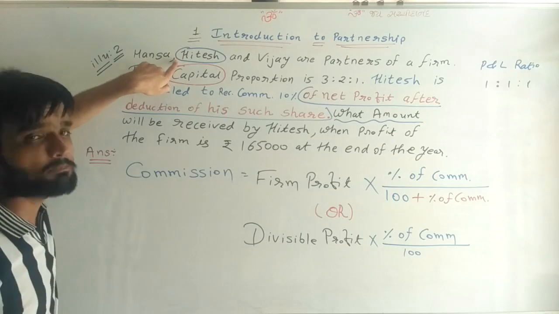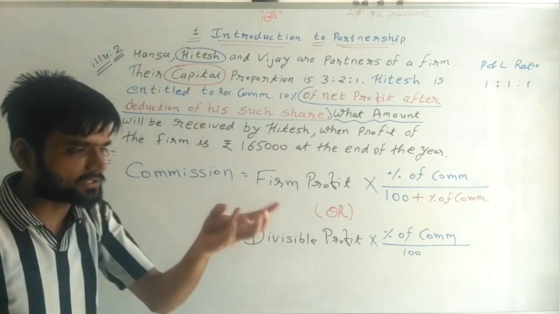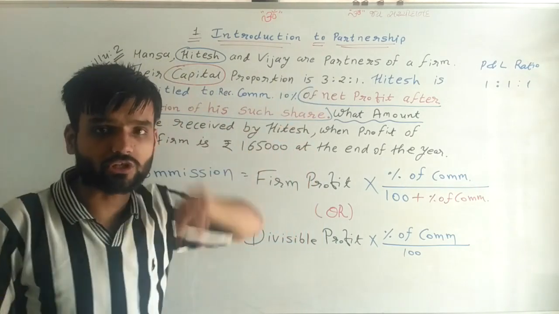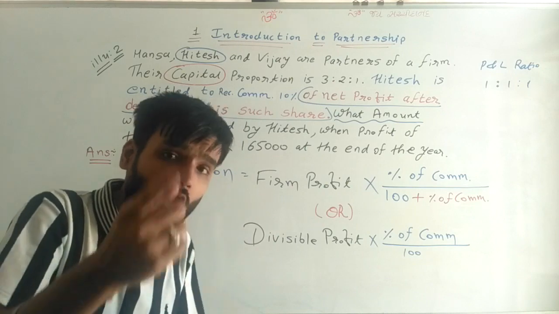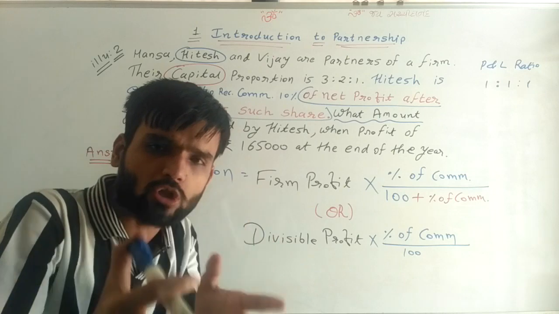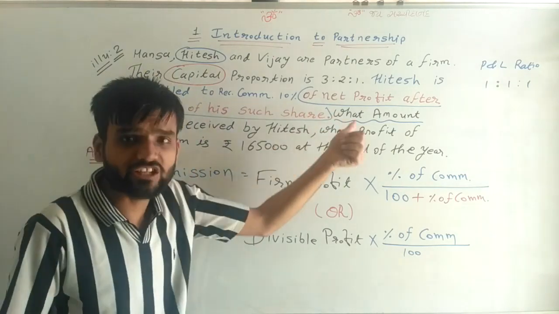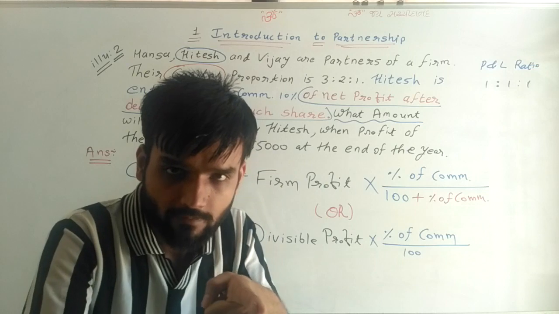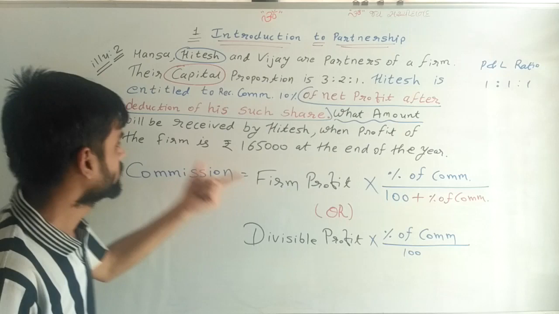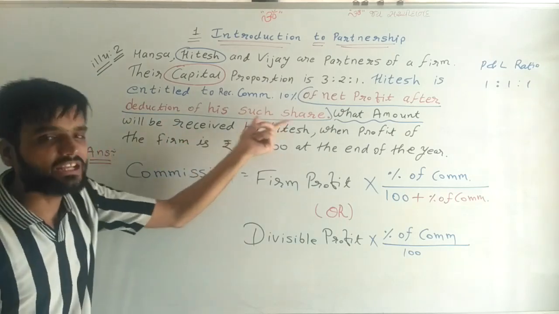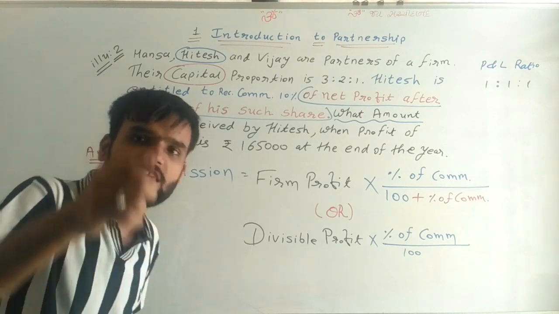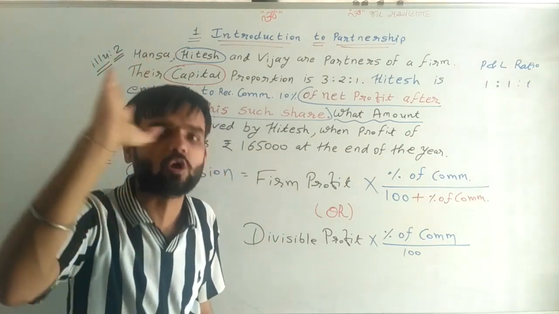Because Hitesh is a partner, and a partner gets commission, as given here. Second, a partner also gets a profit portion. So Hitesh receives commission plus profit. That's why the question is what amount will be received by Hitesh.